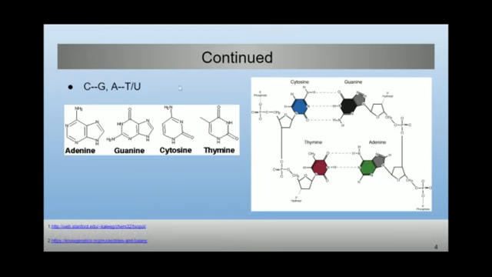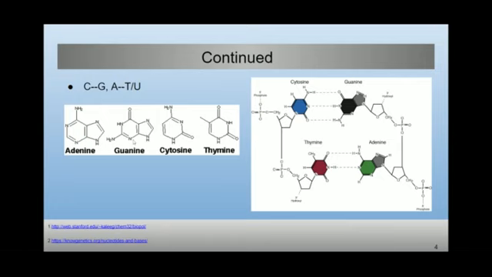I just wanted to show a few more pictures of what is part of the structure of nucleotides and how they play a role in DNA and RNA structure. So you've got cytosine and guanine that are attracted to each other. Always, one purine is attracted to one pyrimidine, and it's always the same one.